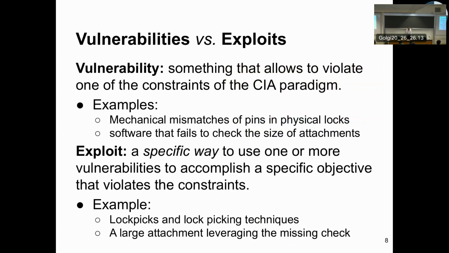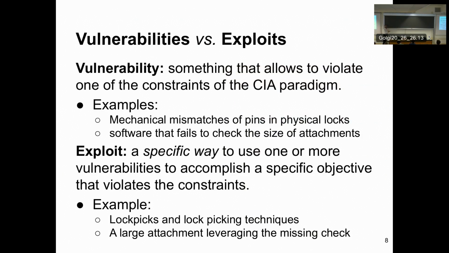Okay. So let's now split vulnerability and exploit. Vulnerability and exploit are two concepts which pertain to a violation of security. A vulnerability is a property of a system which, in principle, can be used to break the CIA paradigm: confidentiality, integrity, authenticity. It's just a feature of the system.